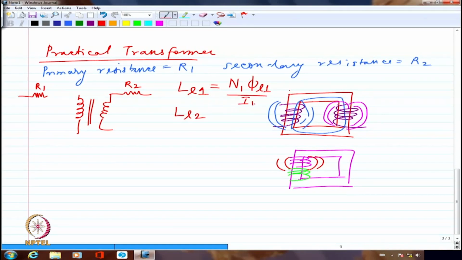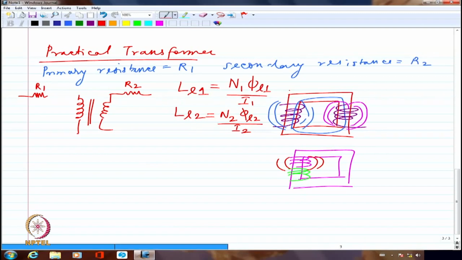Similarly, I should be able to say this as N2 multiplied by phi L2 divided by I2 or small i2, instantaneously if I try to calculate. So these are going to be my leakage inductances.